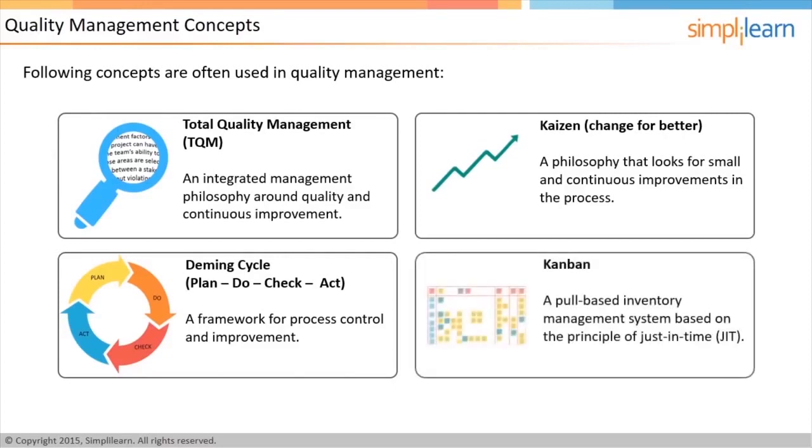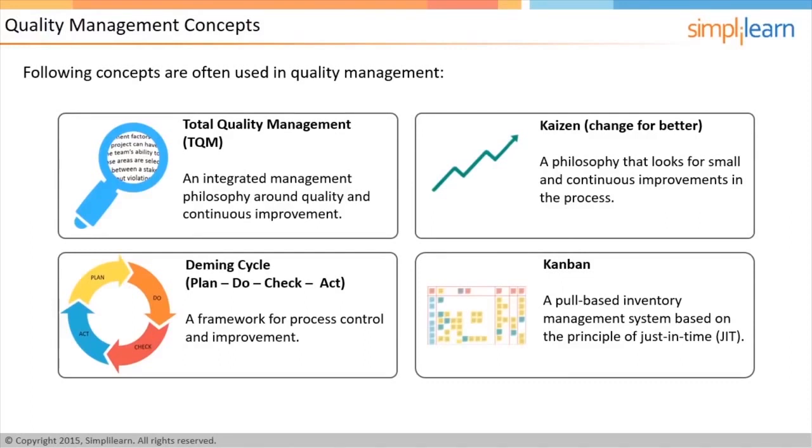Kanban is a pull-based management system that originated in Japan, based on just-in-time (JIT) inventory management. The idea behind Kanban is to minimize the work in progress and achieve a smooth flow in the process from start to finish. Because building up inventory only to paper over the imperfections in the system tends to hide the problems.